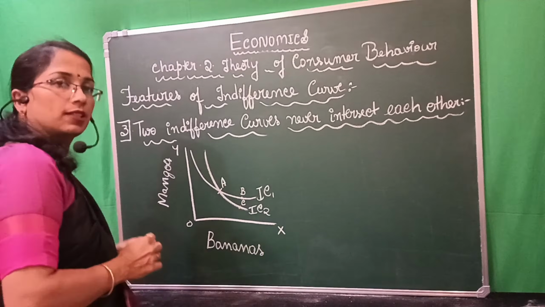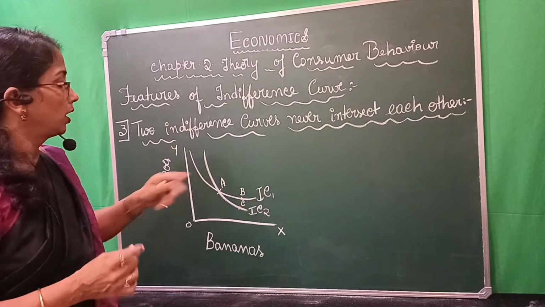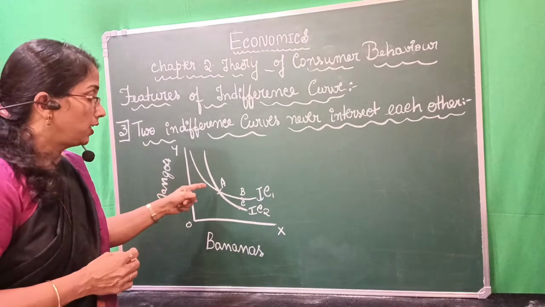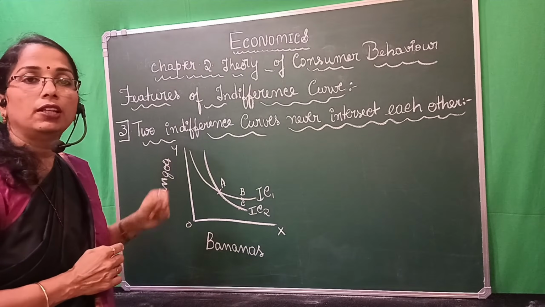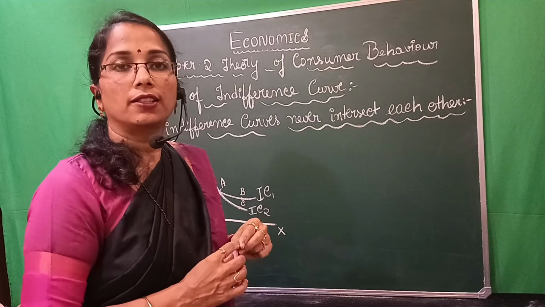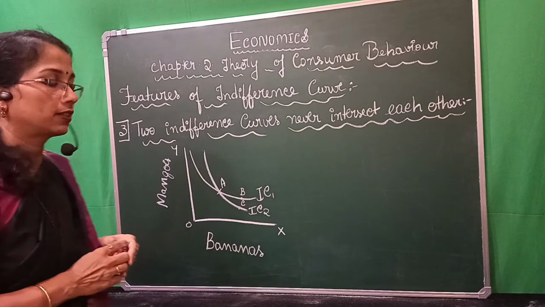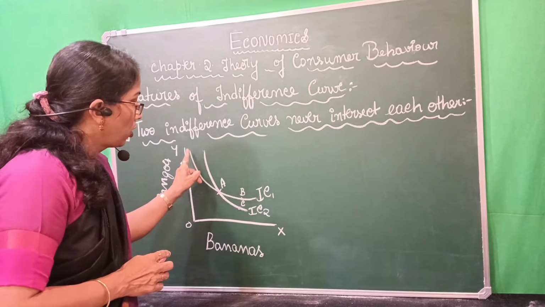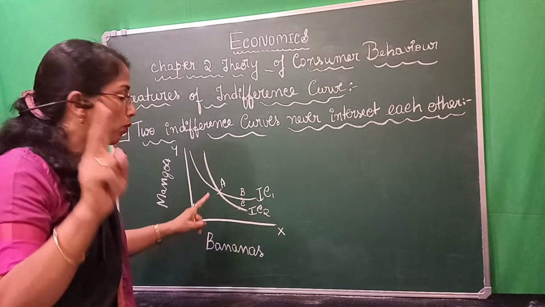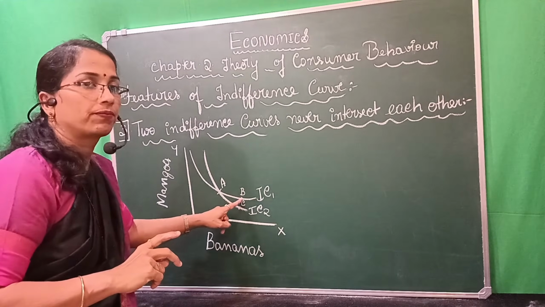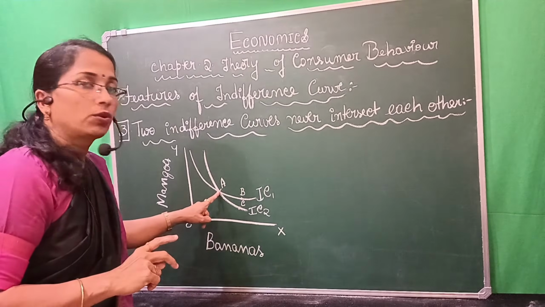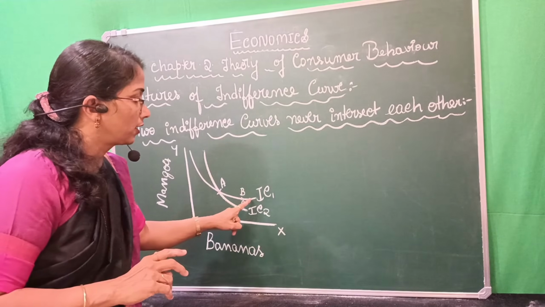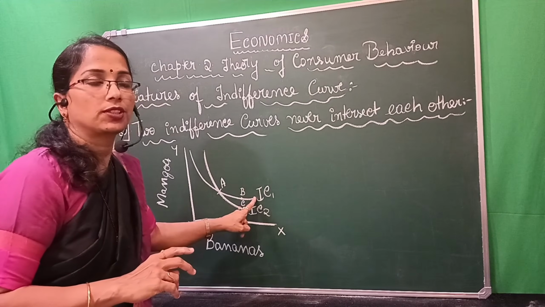Let us see what happens if these two indifference curves intersect each other. If they intersect each other, they will lead to conflicting results. What do you mean by conflicting results? See, you can take the IC1 curve here. On the IC1 curve, you have two points, point A and point B. According to the feature of an indifference curve, points on the indifference curve give the same level of satisfaction.